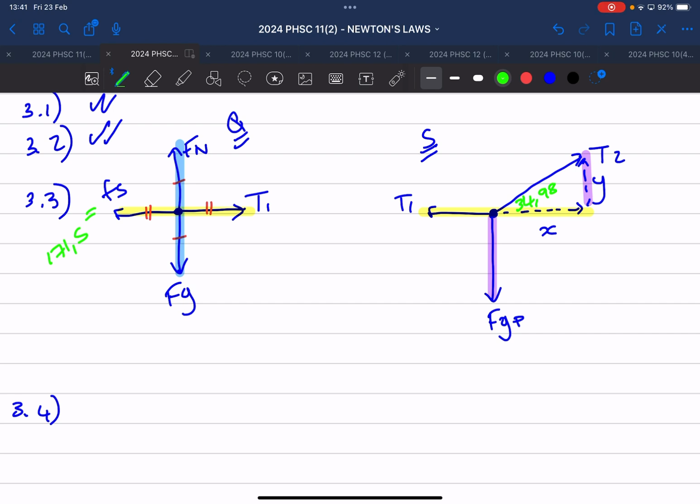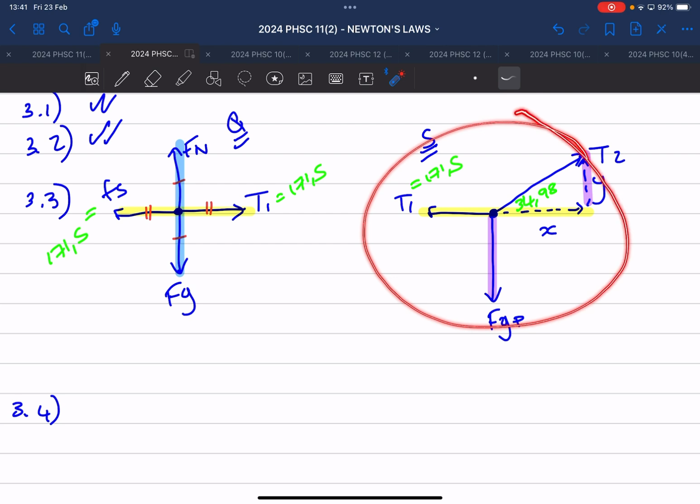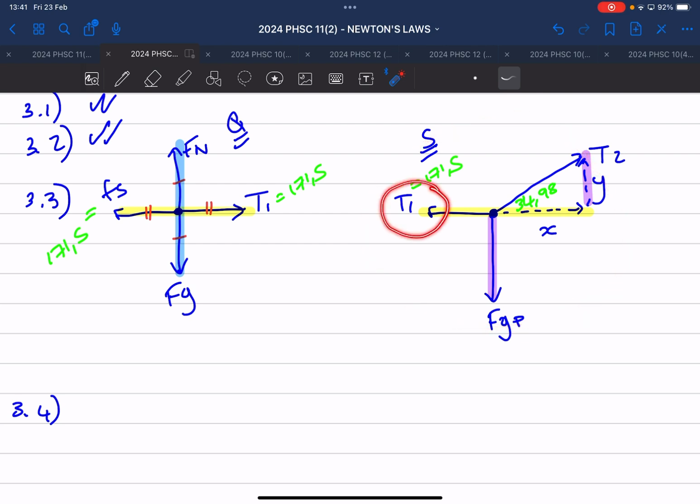So because this one is equal to this one, this is 171.5 newtons. Because it's the same rope, this one is 171.5 newtons. And because this object is not moving, and because there's only two forces, T1 is equal to X. So X is thus 171.5 newtons.